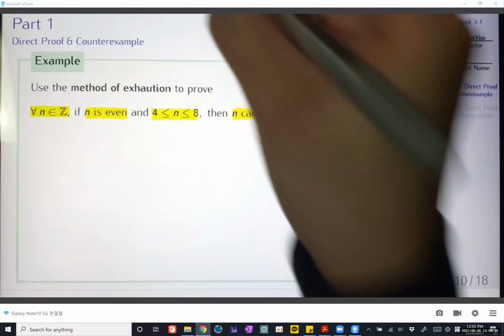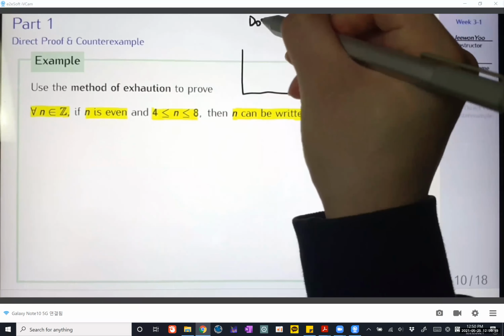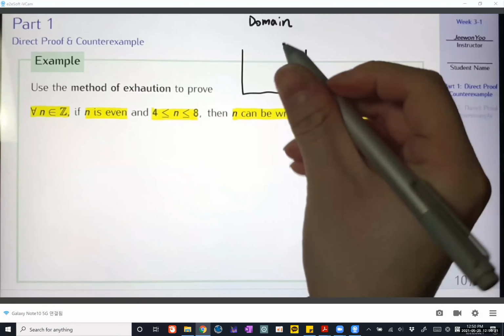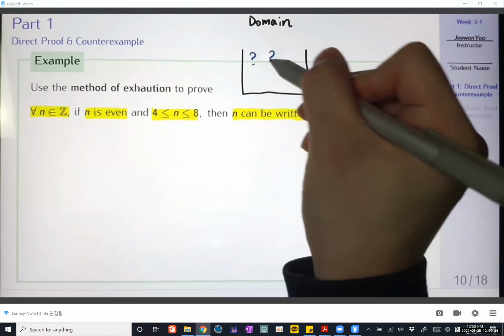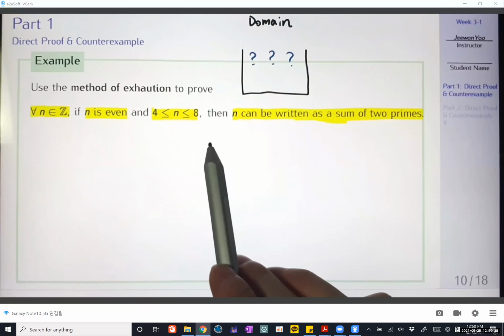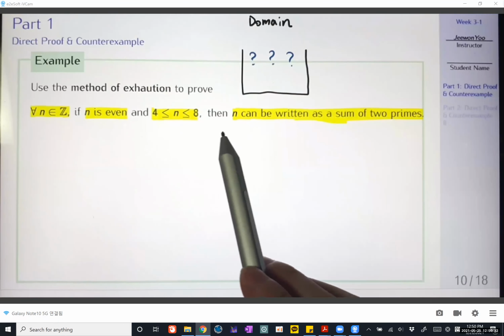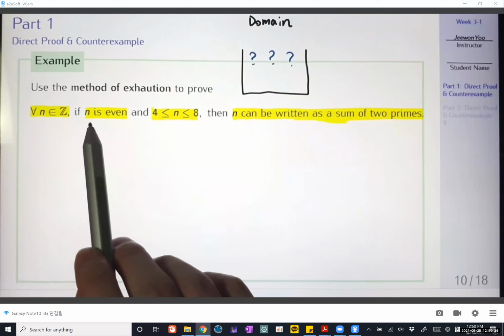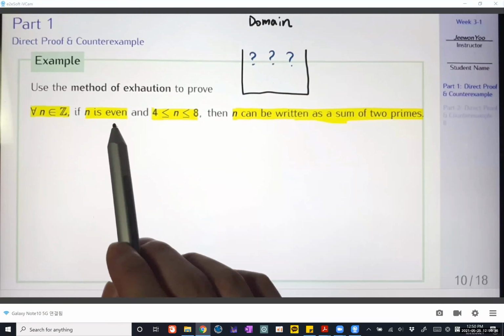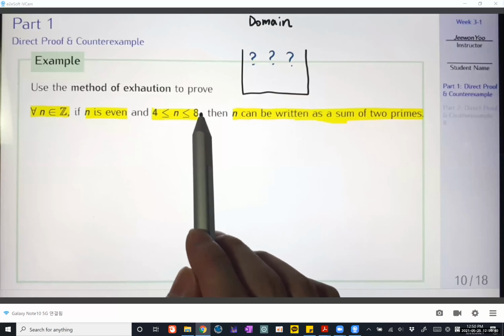Okay, everyone, let me just write down the domain for you. Tell me which elements belong to the domain, or the truth set, if you want to call it that. Read this carefully. We have n is even and n must be in between 4 and 8.